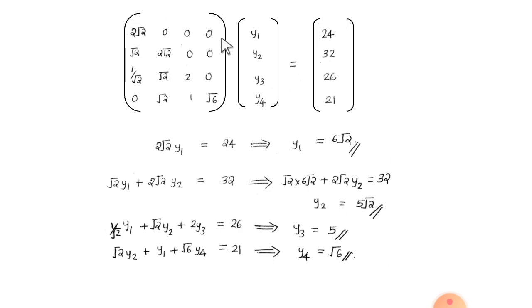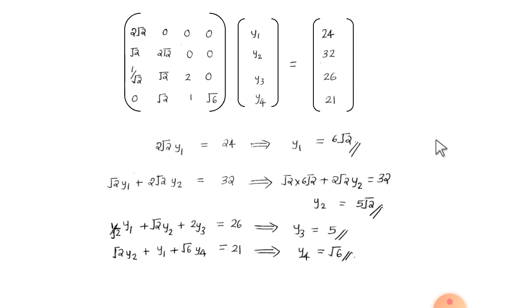After finding the unknowns, you can substitute those values in the L and L transpose matrices. This is the product of the L and L transpose matrices. Substitute those values, then you will get, you have to multiply that with the Y matrix in order to find the unknown values of Y. So now this becomes L into L transpose into Y equal to B matrix.